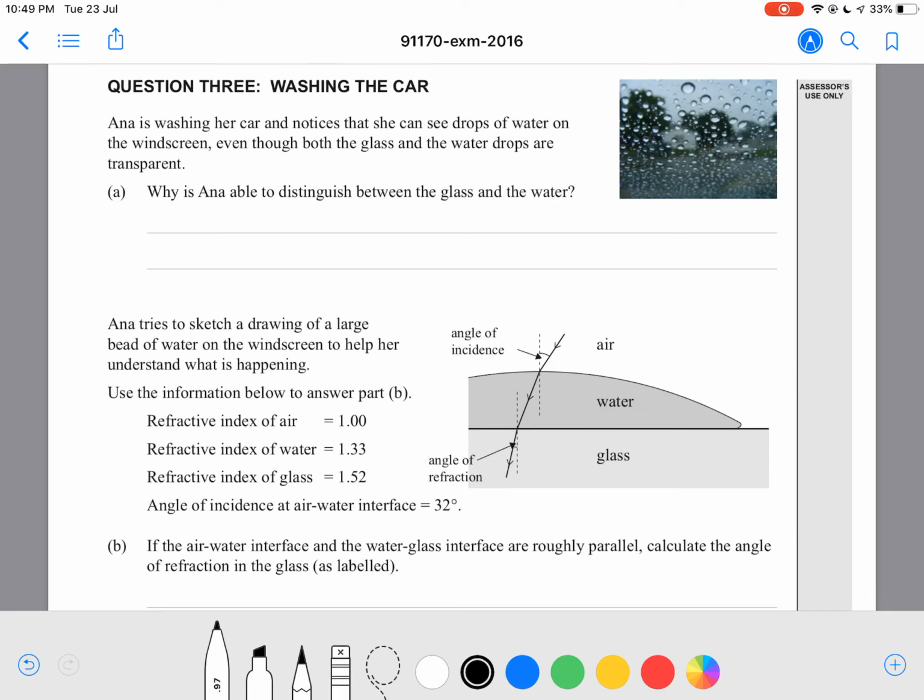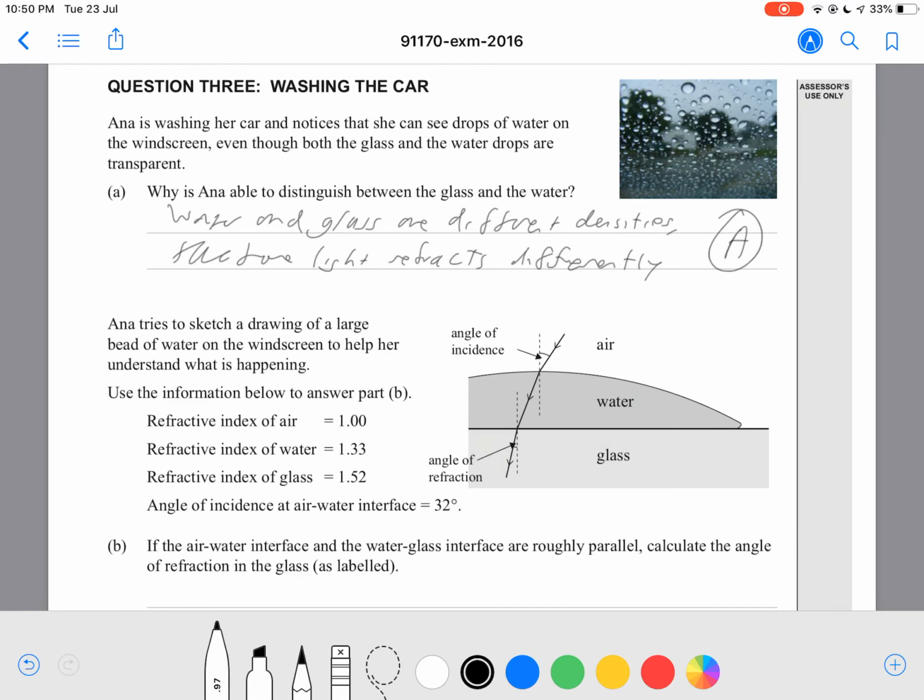So you can just say water and glass are different densities. Therefore, light refracts differently. And that's all you need to say here for an achieved grade. Pretty straightforward. Next question.